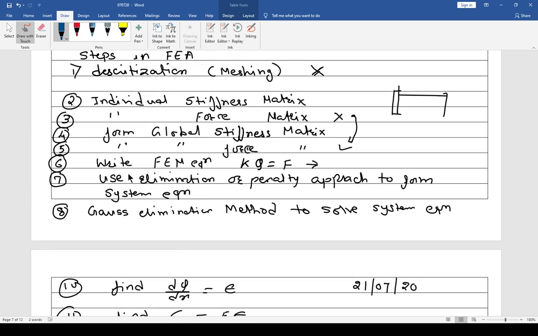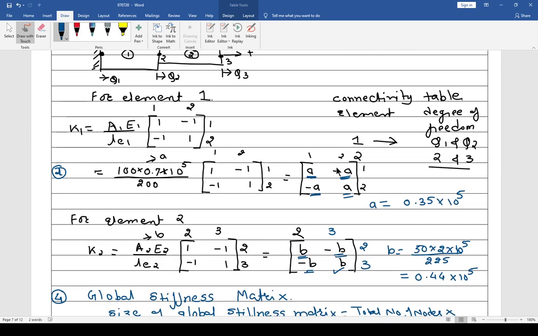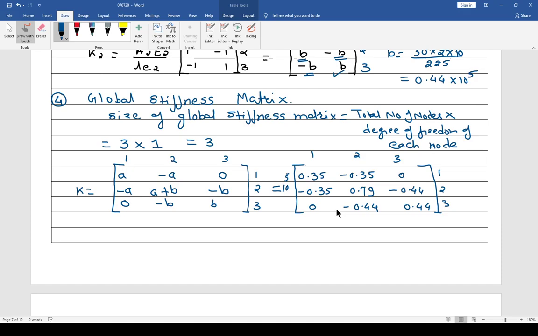And after that, what is the global force matrix? Okay, so that I can directly prepare because there are 3 nodes. So I just write the force matrix equal to, at first node there is no force. Of course no force means there is a reaction because it is fixed, so I write reaction 1.